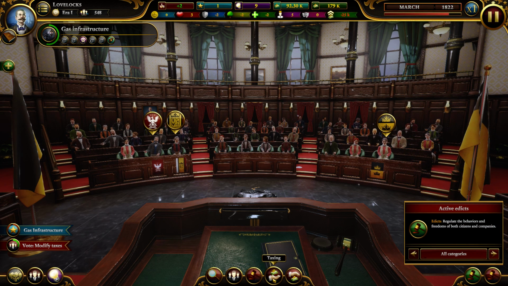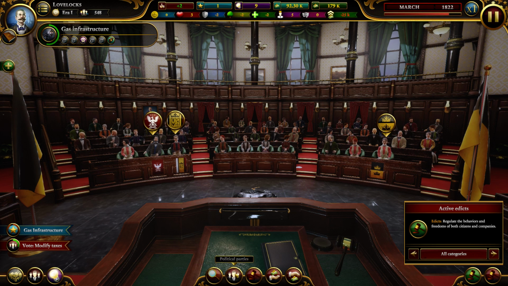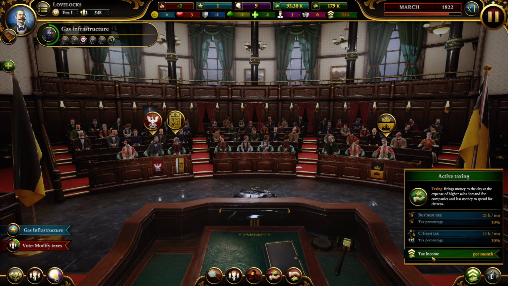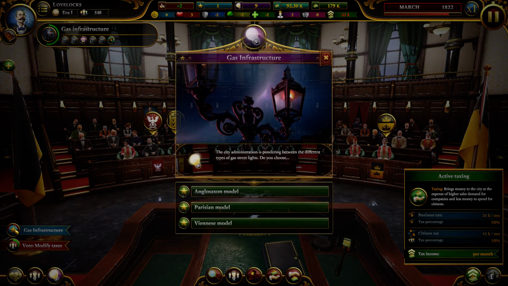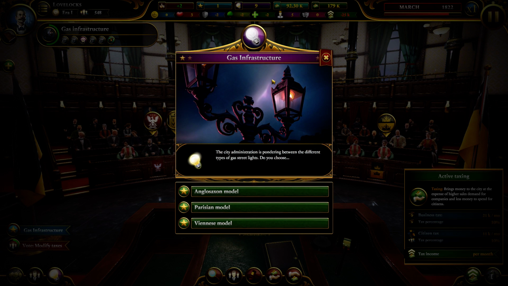Where's our vote? Cannot see the status of our vote. Doesn't look like it. Can't select this. So we're getting closer at gas infrastructure.